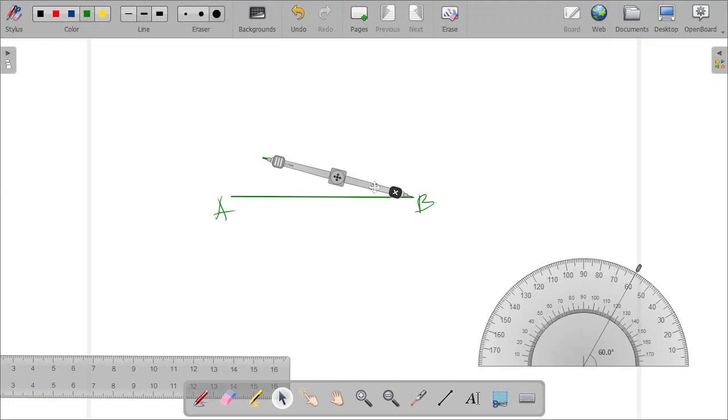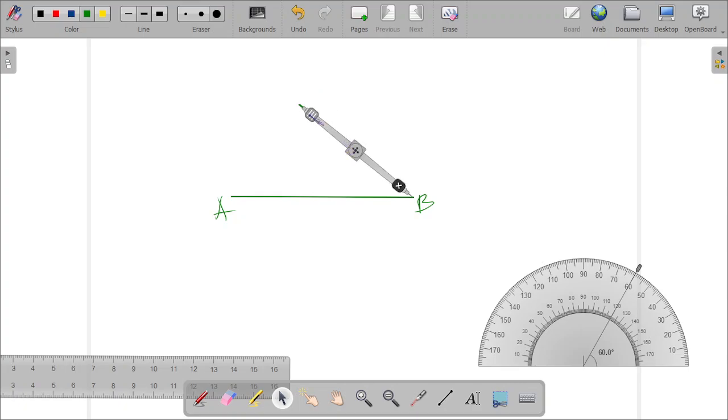Then you must make sure you expand the radius of the compass. It must be more than half of your line, okay? Make sure you expand the compass so that the pencil is more than half of that line AB, okay?